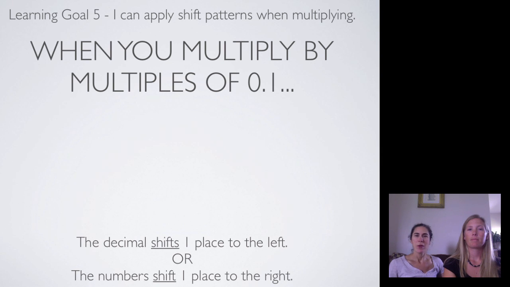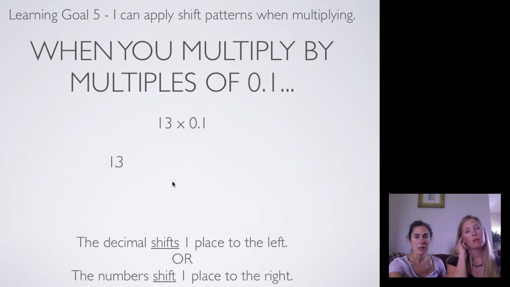So now we are looking at multiplying by multiples of 1/10. And it's the same idea, except you're just shifting in the opposite direction. Right. So we have, let's say, 13 times 1/10. We're still going to stick with that number 13, but this time you always start with your decimal at the end first, but then this time we're just going to move it one place value to the left.